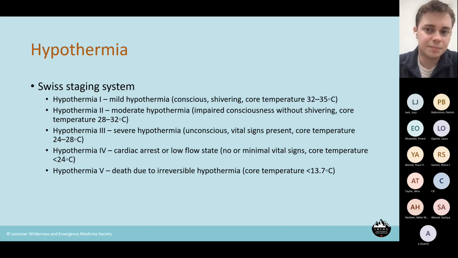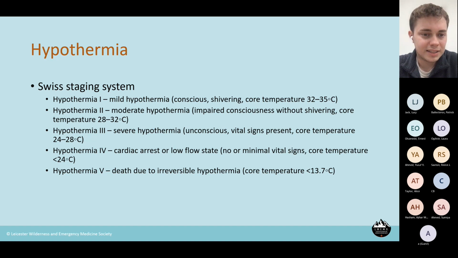And we use this staging system called the Swiss staging system, which just categorizes the different levels of hypothermia. So you can have a look at that here. Goes from mild through to severe, and then someone who's in cardiac arrest or where it's now irreversible. So initially they'll be conscious and shivering, trying to compensate for the drop in temperature.